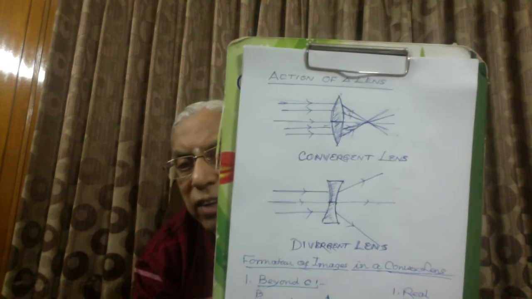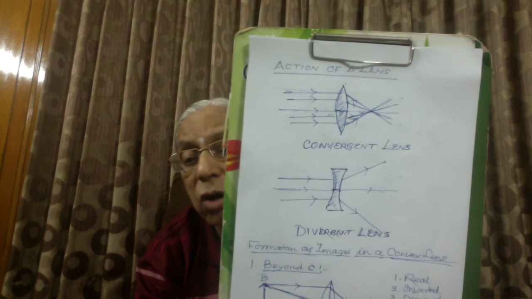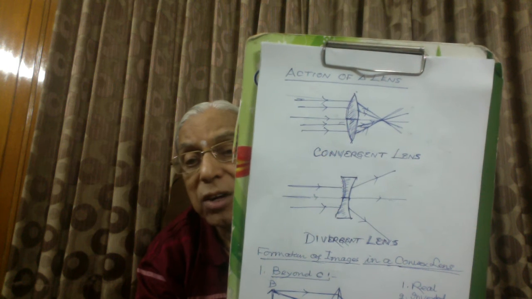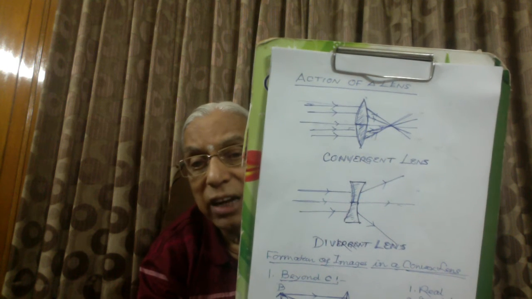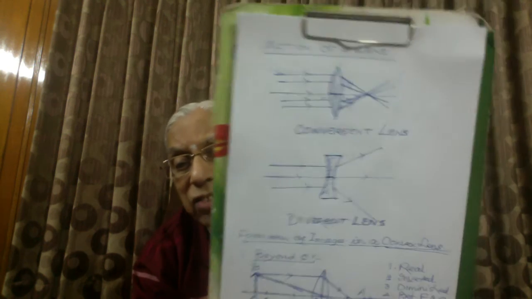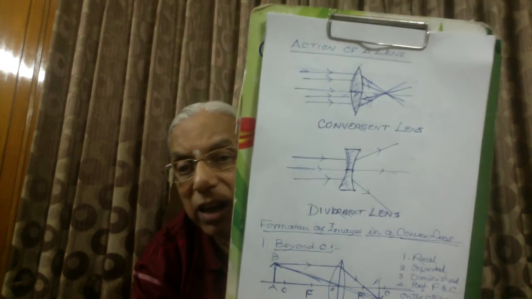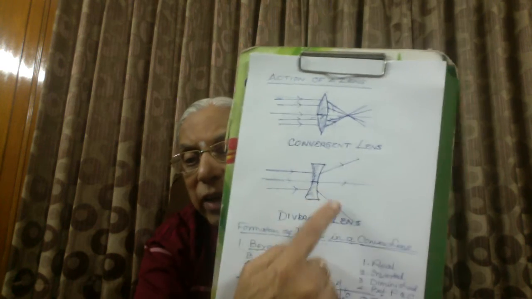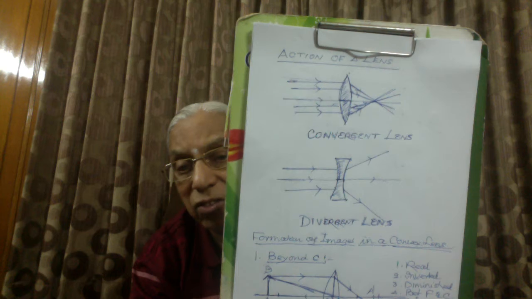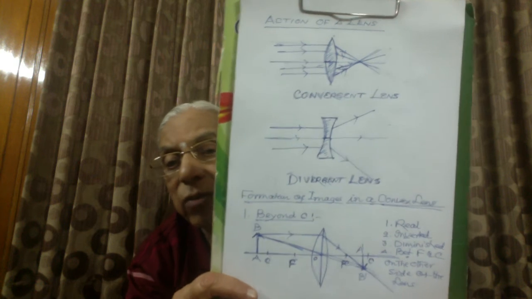That is why a convex lens is also called a condensing lens, because it is capable of converging all the rays. It is able to condense all the rays to a point, and therefore it is called a convergent lens. In the case of a concave lens, the rays diverge away from the lens, and therefore it is called a divergent lens.